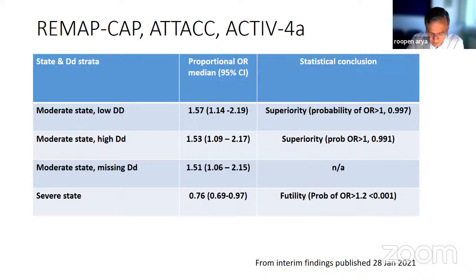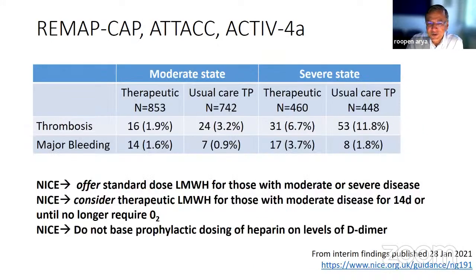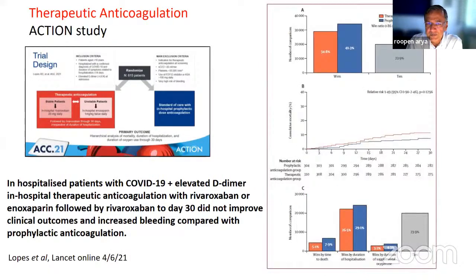So again, this resulted in the change in the national recommendations in the UK that maybe we should be considering therapeutic low molecular weight heparin for those with moderate disease, and also not to base the prophylactic dosing on the level of the D-dimer.